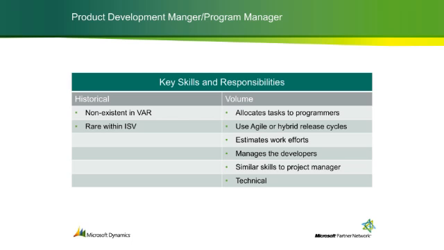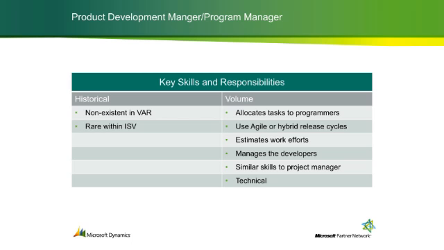Oftentimes, as you mash roles, this may be a senior developer who has enough management skill to work in the development cycles and manage resources. This individual really uses the agile or hybrid release cycles very well and assigns tasks and who works on what, and then monitors activities.